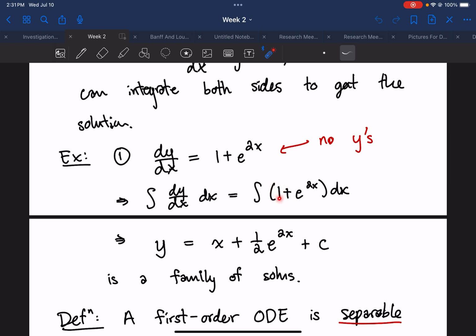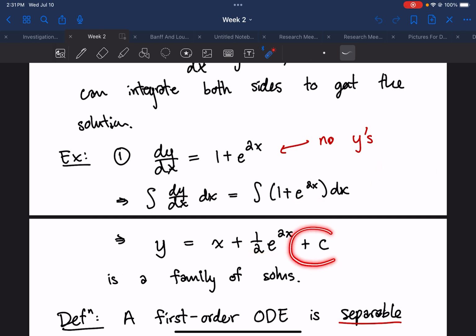The integral of a constant is just x. And this is a u substitution, or you'd call it the inverse chain rule. When you integrate e to the 2x, if you were to take a derivative of e to the 2x, you would get 2e to the 2x. But since we're integrating, we get 1/2 e to the 2x. You divide by the power.